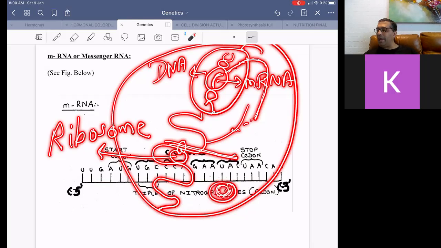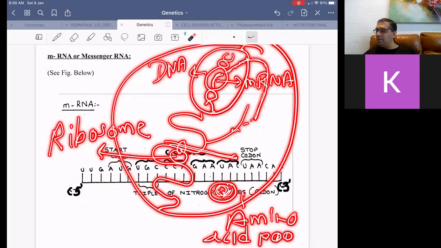In the cytoplasm there is an amino acid pool, and the amino acid pool has in it different types of amino acids. To be specific, 20 types of amino acids.